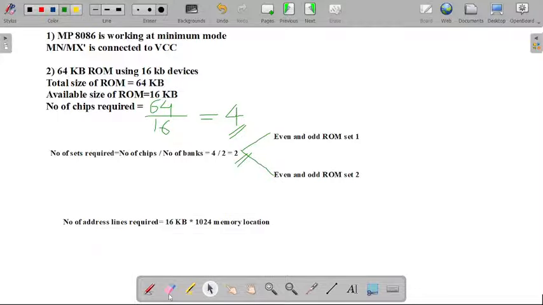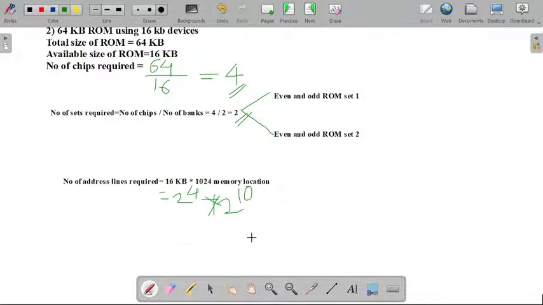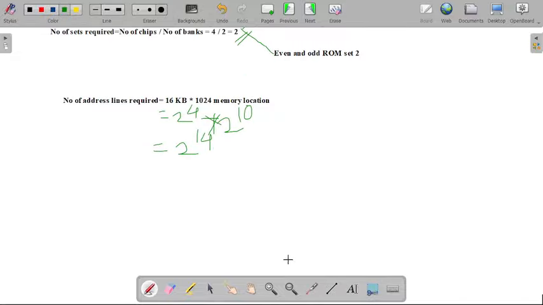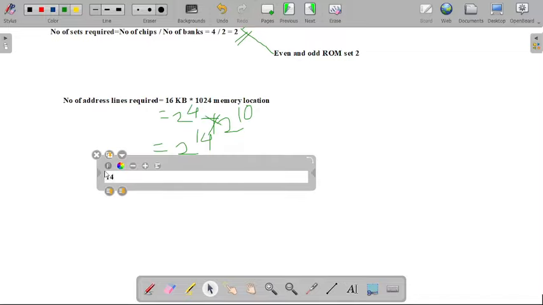So 16 KB is 2 raised to 4 into 2 raised to 10, since 1024 is 2 raised to 10 and 16 KB is 2 raised to 4. So we can write it as 2 raised to 14. So we got the answer 14, so we are writing here 14 address lines required. And we are writing the address line numbers, from A1 to A14.